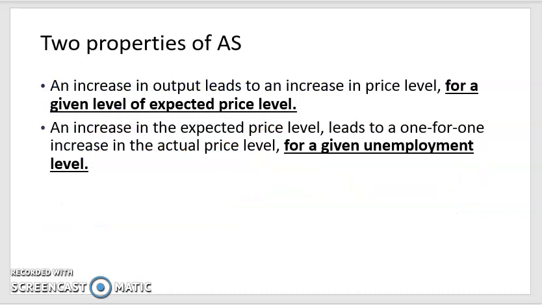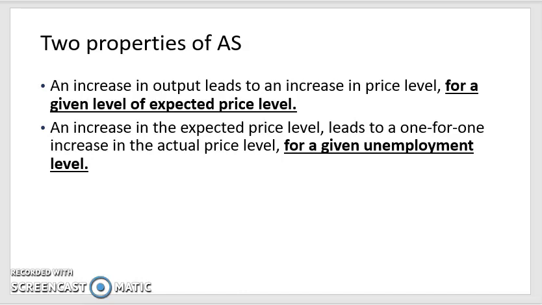Property number one: given the expected price level, an increase in output leads to an increase in the actual price level. This is due to the sequence of events that we looked at in chapter 6.